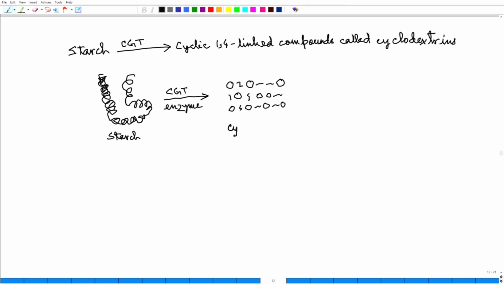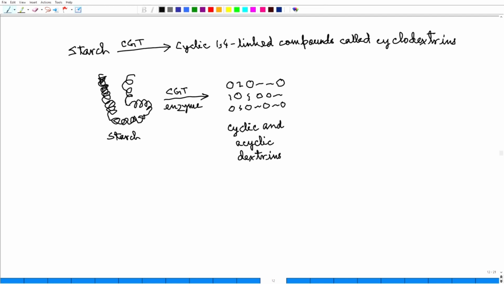Okay. So, these are cyclic and acyclic dextrins. We take starch and apply CGT enzyme, and it is cut into many pieces, where you get both cyclic and acyclic dextrins.